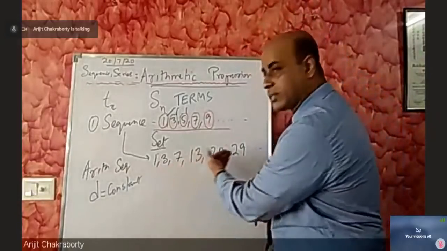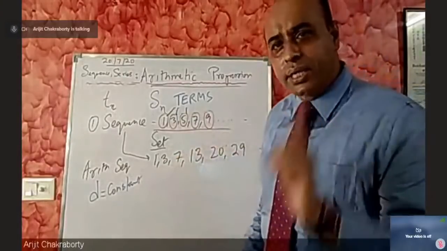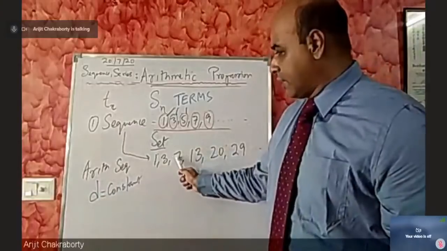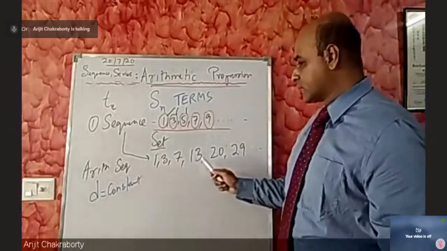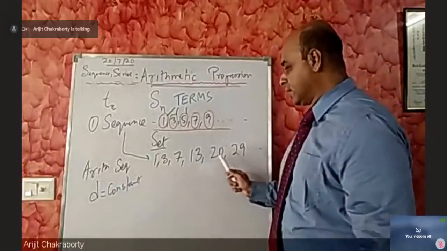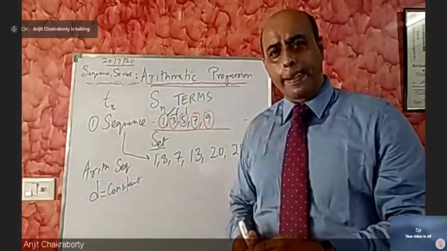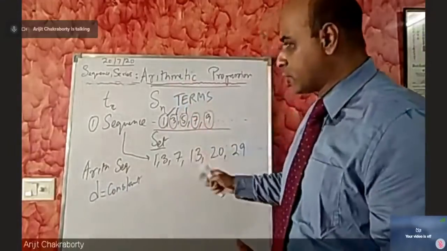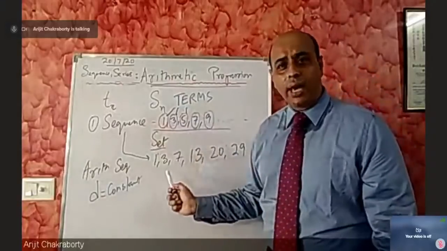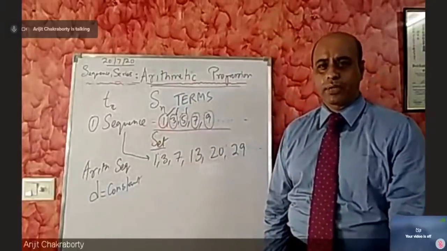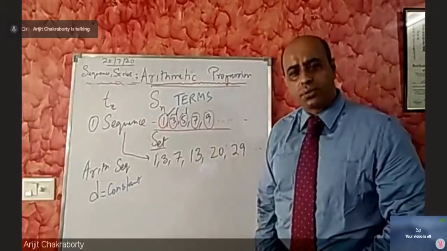It has an increasing order. 7 is greater than 3, 13 is greater than 7, 20 is greater than 13, 29 is greater than 20. So it is increasing. Fine. So it is a sequence. But will it be an arithmetic sequence? That is the question.